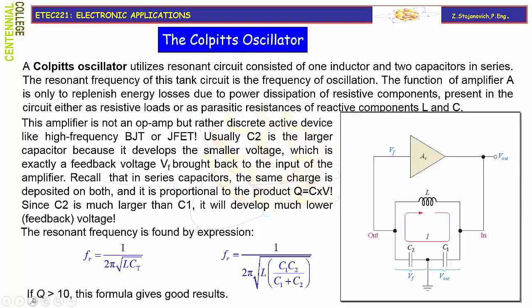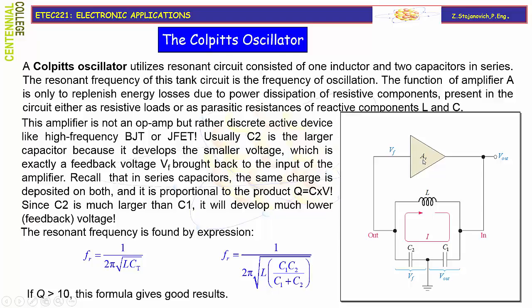The function of an amplifier A is only to replenish energy losses due to power dissipation of resistive components present in the circuit, either as resistive loads or as parasitic resistances of reactive components L and C. This amplifier is not an op-amp, but rather a discrete active device like a high-frequency BJT or JFET. Usually C2 is the larger capacitor because it develops smaller voltage, which is exactly the feedback voltage VF brought back to the input of the amplifier.